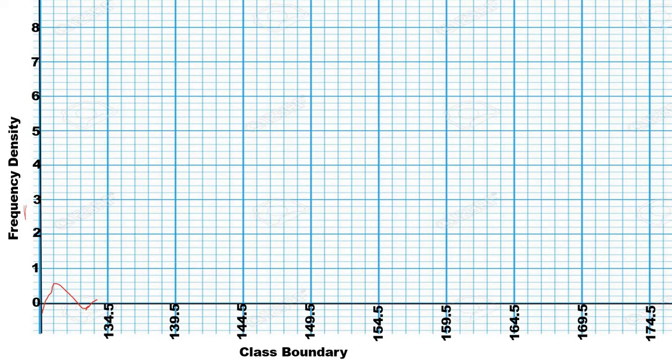Now I'll fix the bounds. I have it already there, so let's put the bars. For a histogram, the bars are connected. My first bar is 4. Next is 4.2, and so on.